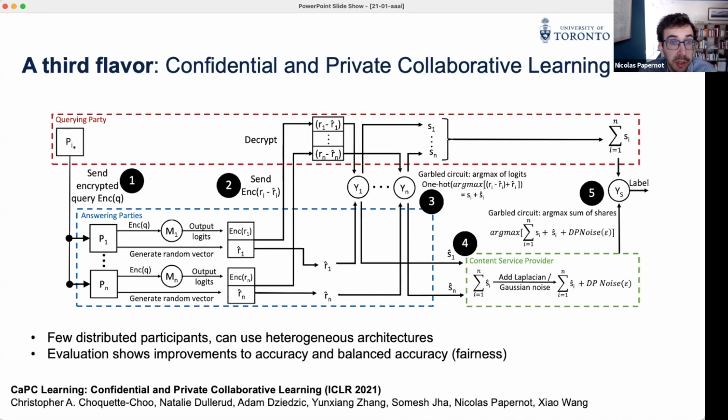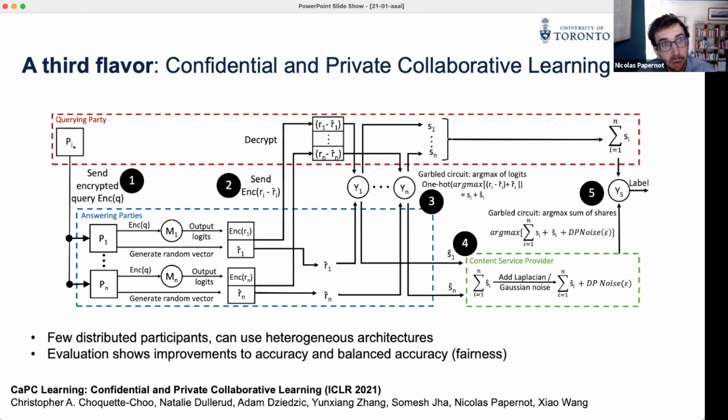Of course, the participants in federated learning do not get any privacy guarantees, because whereas they are not revealing their data to the central party, they're still providing model updates. And so through these model updates, the private information still leaks. So here, instead, we are providing privacy guarantees, whereas federated learning does not provide any privacy.